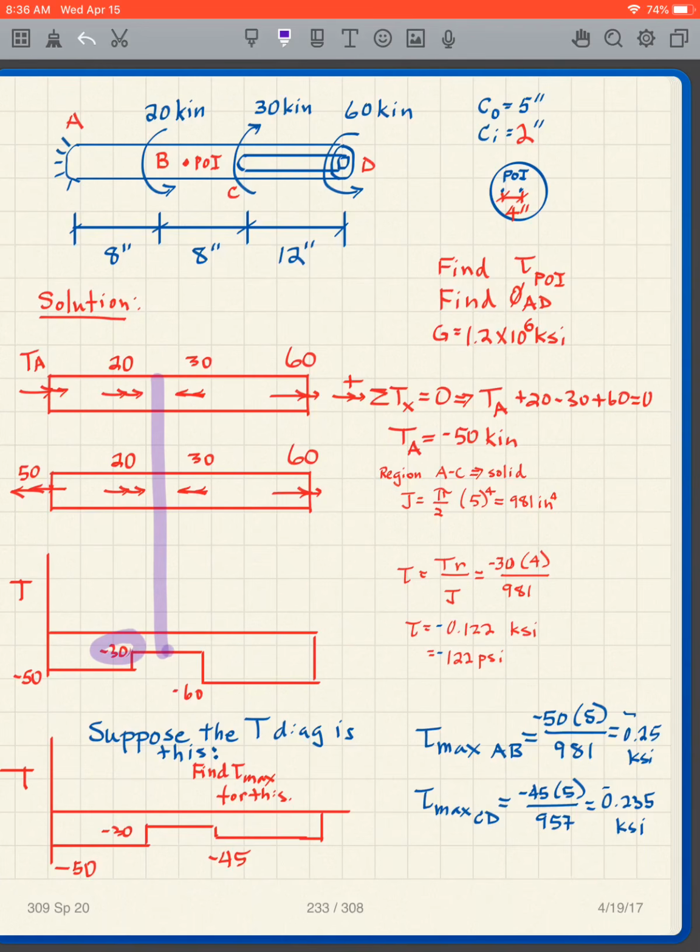I have a torque of negative 30, so I put that in there. The point of interest is given at 4 inches, that's 4 over the 981. So I get tau is negative 122 psi, or negative 0.122 ksi, because I was doing kip-inches.